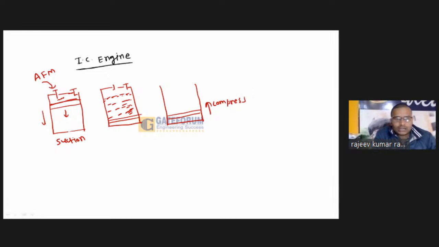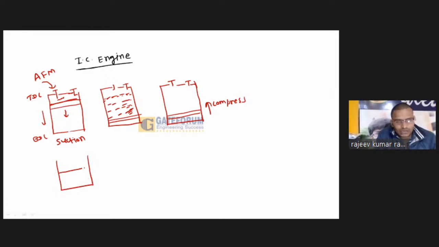Suppose this is our TDC, top dead center, and this is BDC, bottom dead center. Whenever compression takes place, both the inlet valve and the exhaust valve will be closed, and the mixture is going to be compressed.